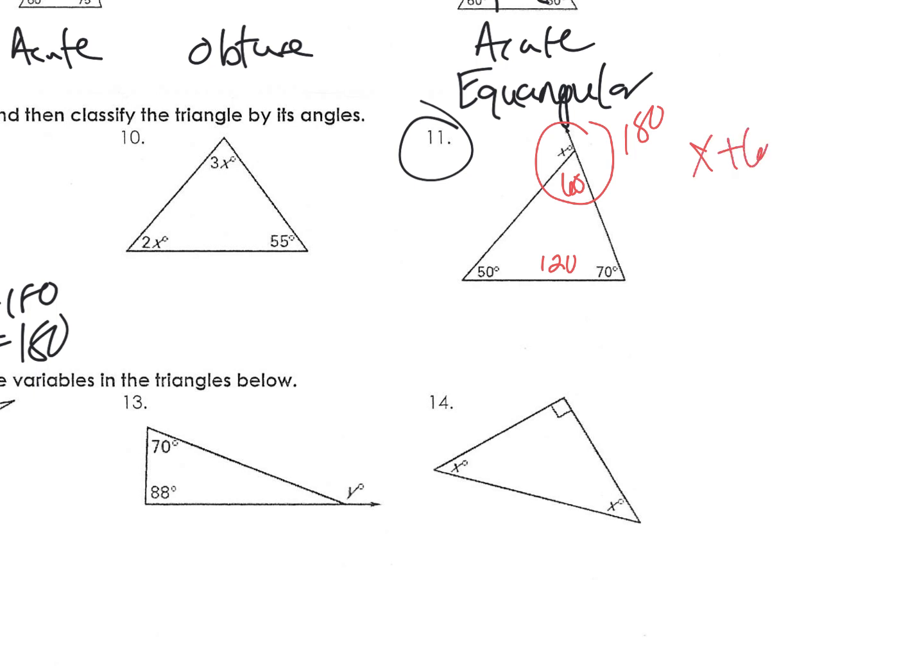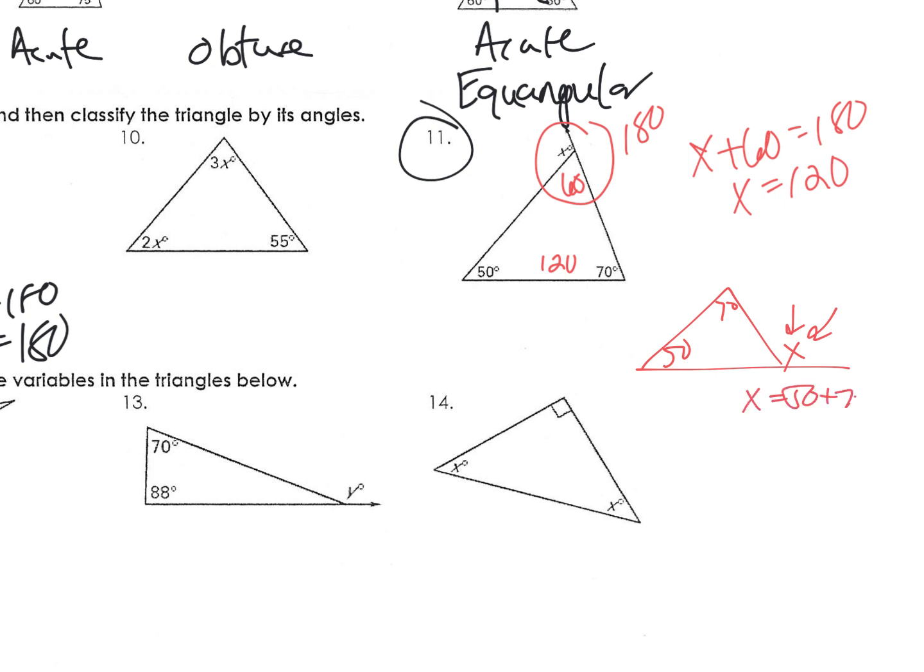So I can just go x plus 60 equals 180, subtract 60 from both sides, and so this angle is 120. Remember, this is actually a theorem, the exterior angle theorem, that the exterior angle, like x in this case, is equal to the sum of the interior components, so 50 and 70. It has to be 120. So this is another way that you may want to approach a problem.